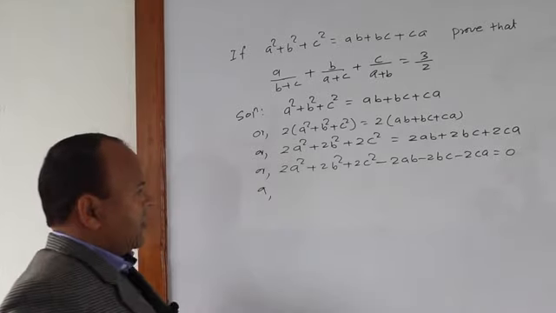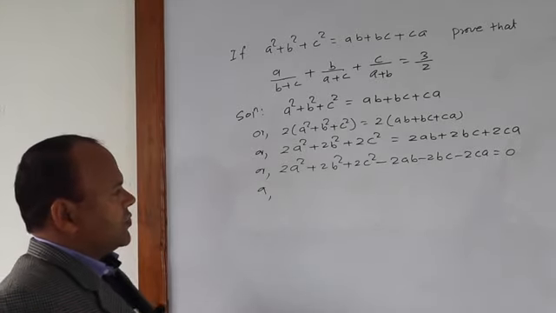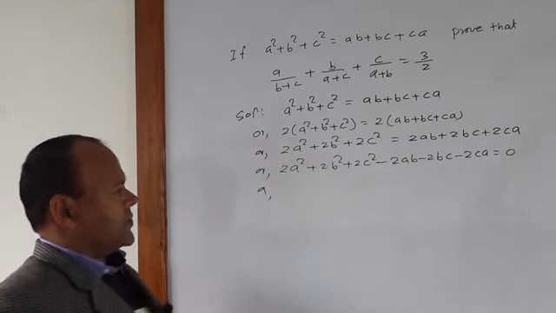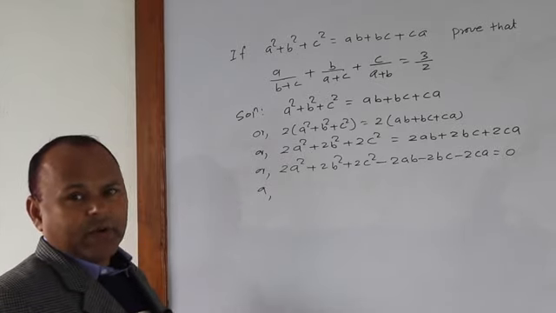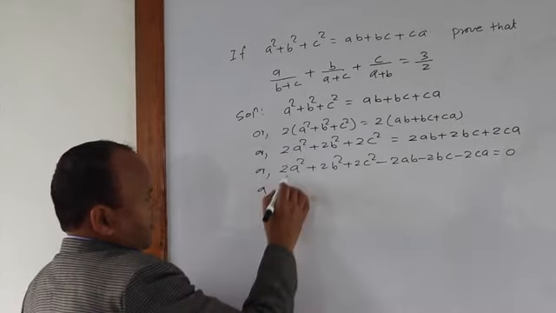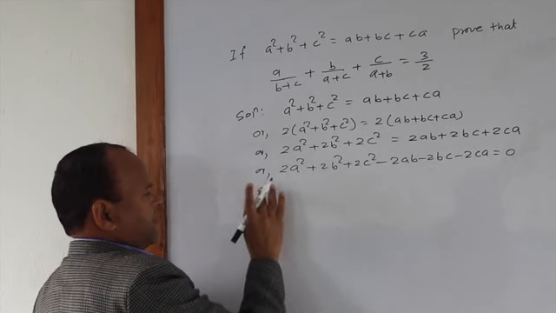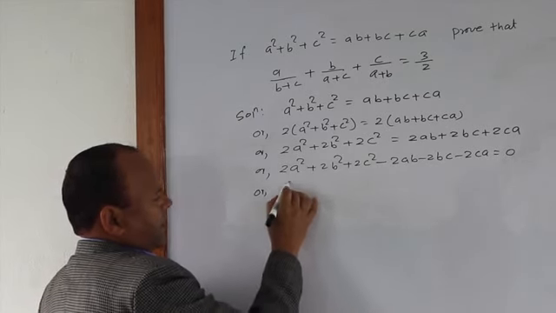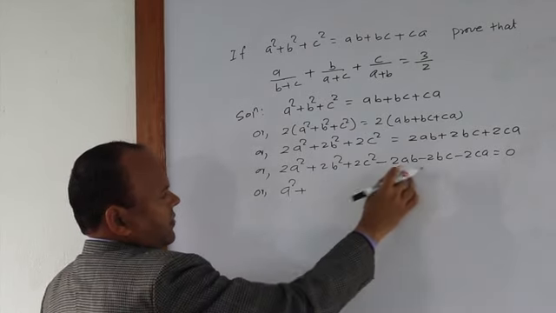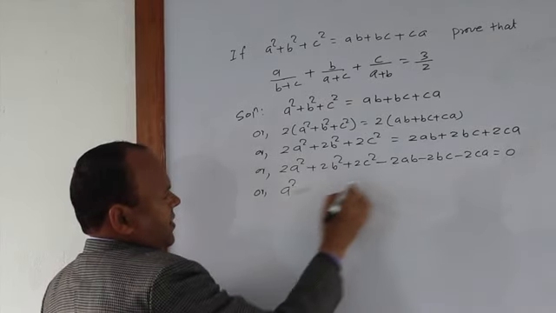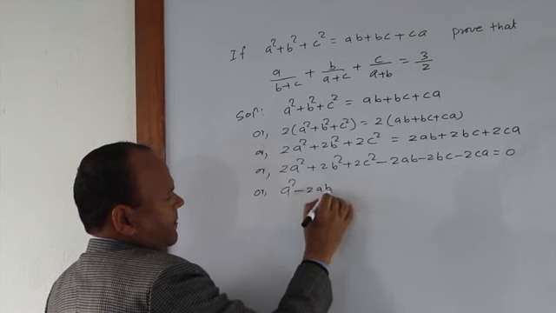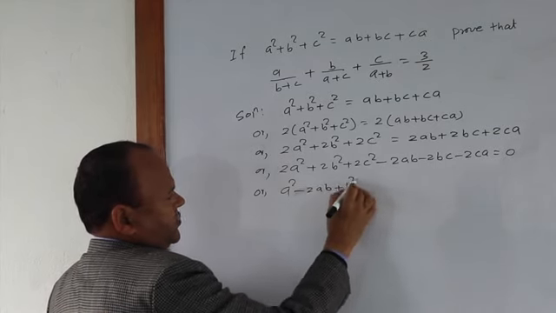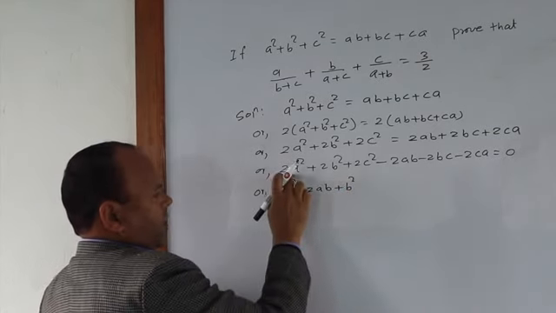Now we need to split the terms so that we can get the perfect square. So for this a square, let us split it as a square minus 2ab plus b square. Okay, one a square remains here.